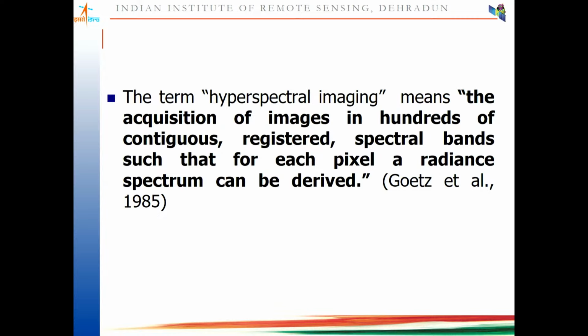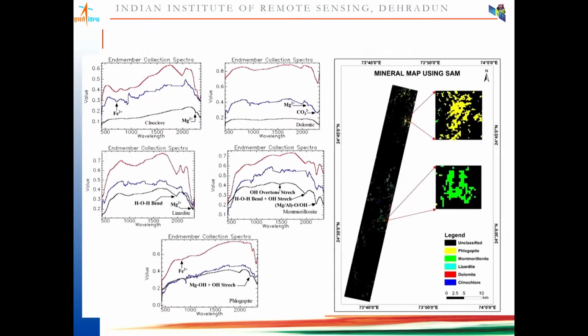So in hyperspectral, when we start from a certain point, for example 0.4 micrometer, we will be continuously taking the data, the information from 0.4 to 2.5 or 3, whatever the sensor is designed up to. But there will be no gap. The capturing is contiguous, so that we can get a fine contiguous spectrum and identify the material.